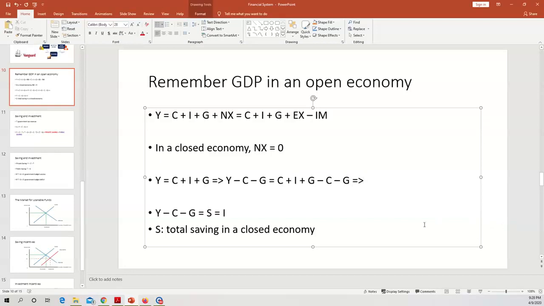Here you see, right? Y minus C minus G equals C plus I plus G minus C minus G, right? So this one canceled out. This one canceled out, right?